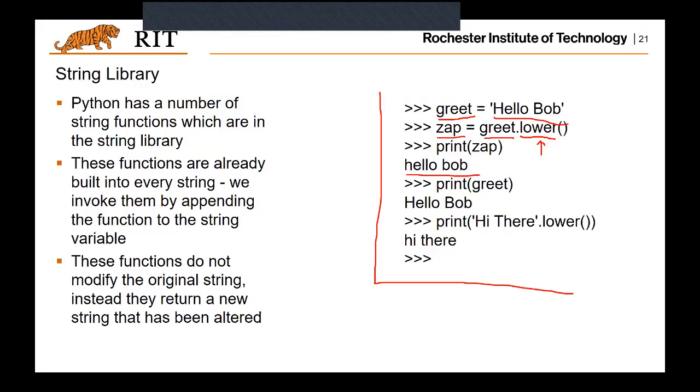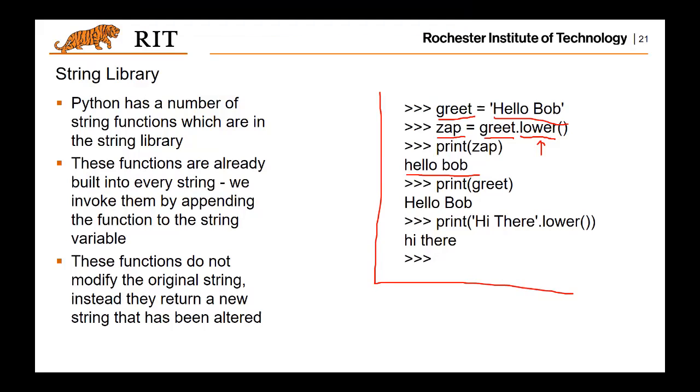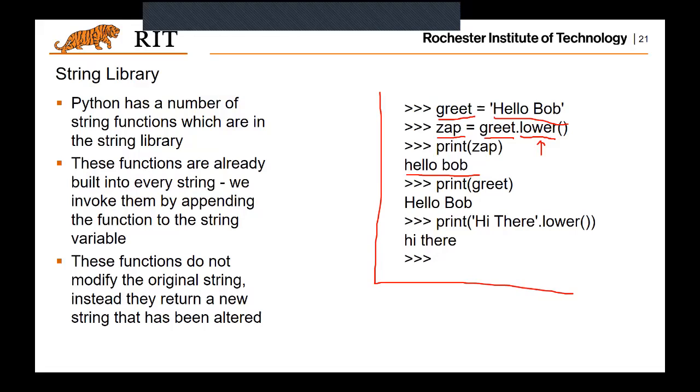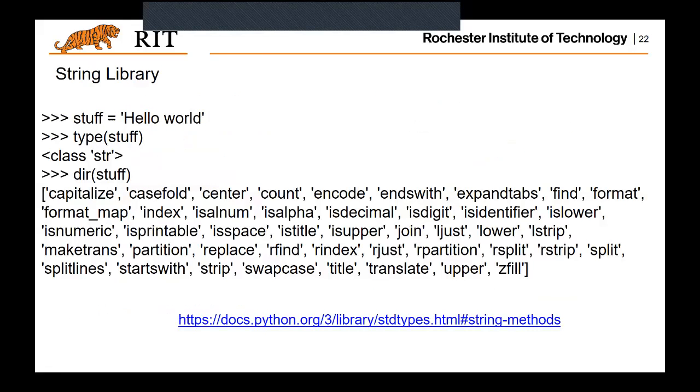And I don't remember who, but there are some students asking how to convert a string to all lowercase or uppercase. So basically, there are functions to do this work, and actually there are more than this.